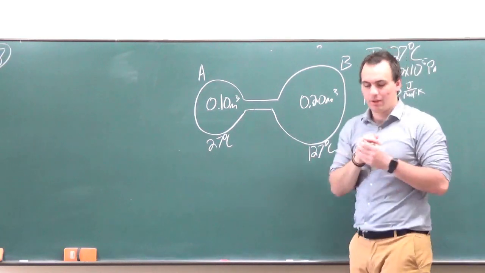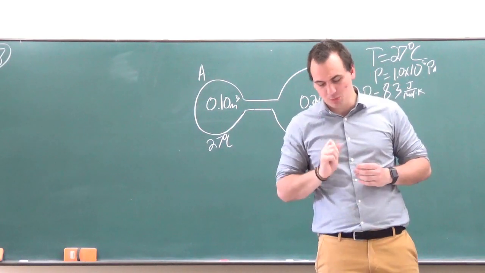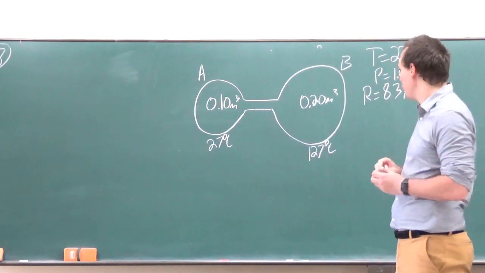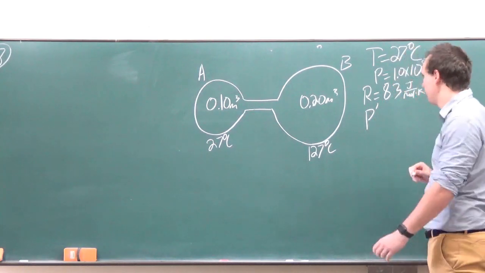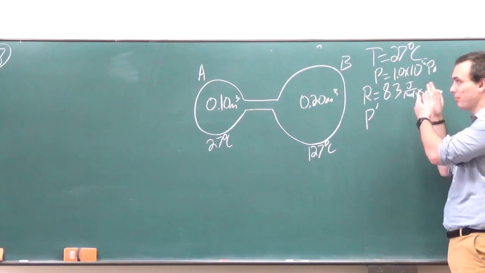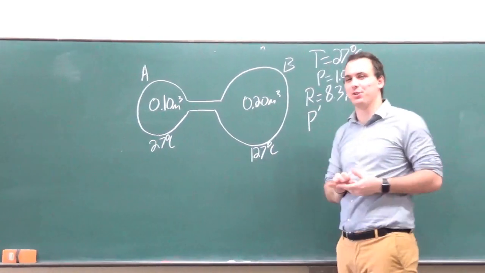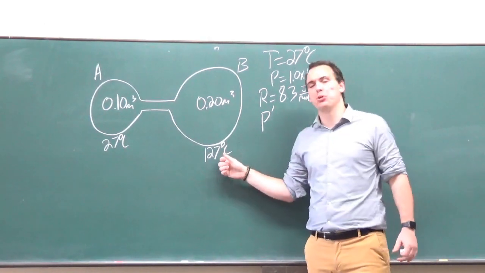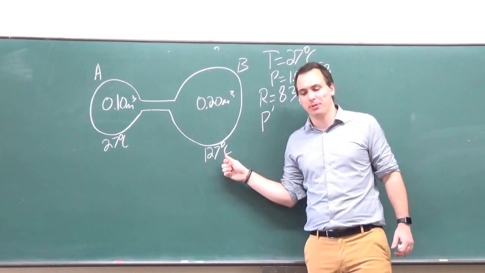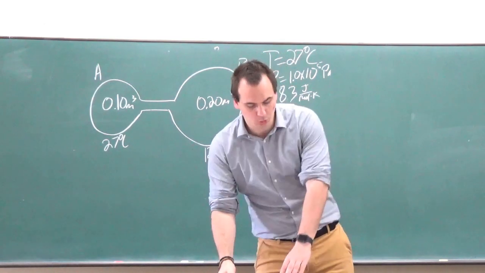Now, this problem is asking for two things. The first thing it wants to know is what the new pressure is. We had the original pressure back when everything was 27 degrees, but now we have a new pressure because we raised the temperature of B. Now, let's work on that.